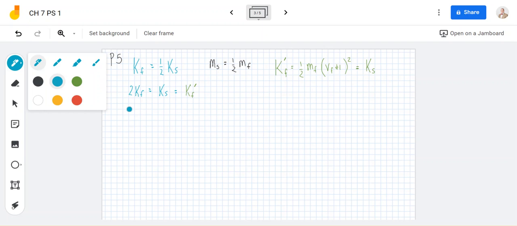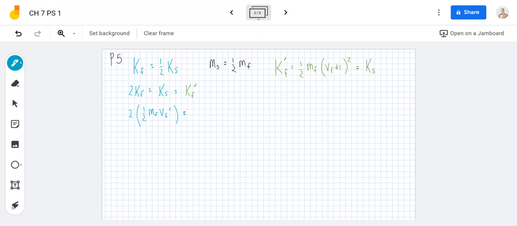So how do you express kinetic energy? So 2 times 1/2 mass of the father v father squared is equal to, I'm going to get rid of this, let's do this one.